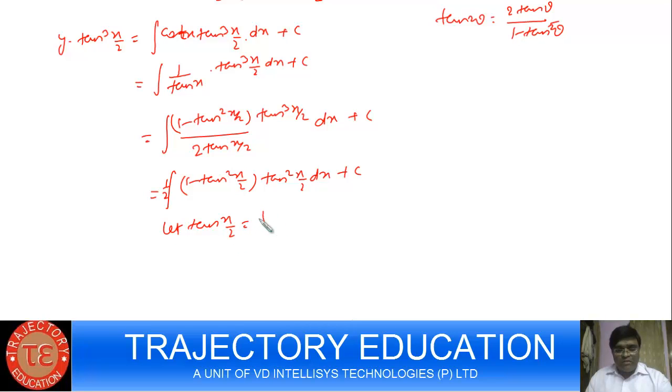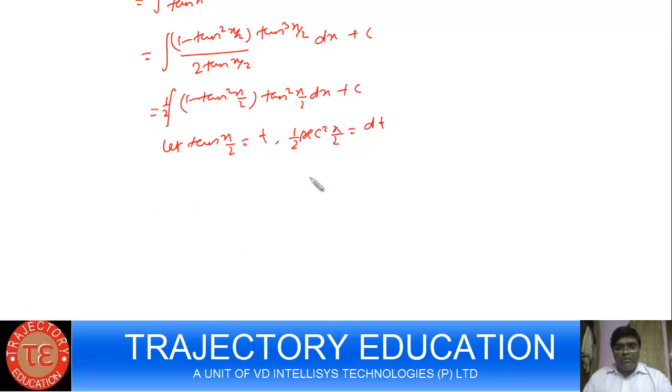Now let tan (x/2) be t. So 1/2 sec square (x/2) dx will be dt, which means dx equals 2 dt over 1 plus t square.